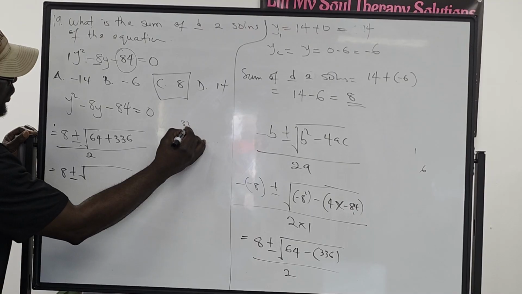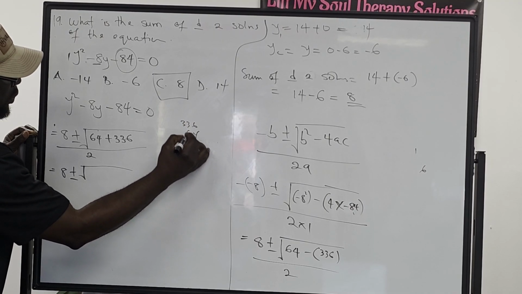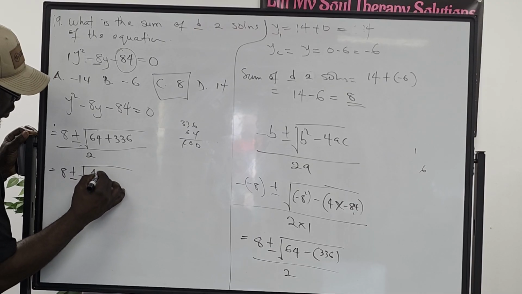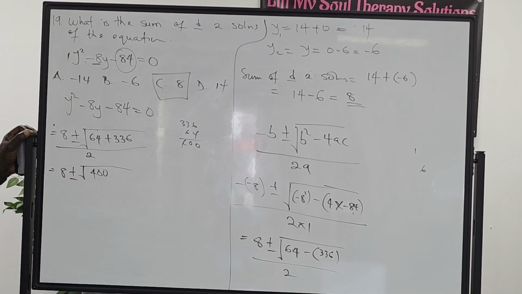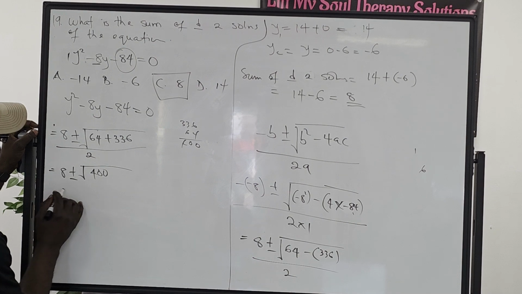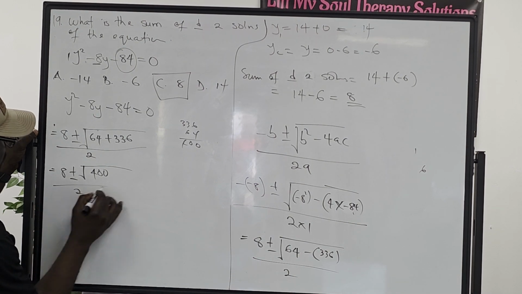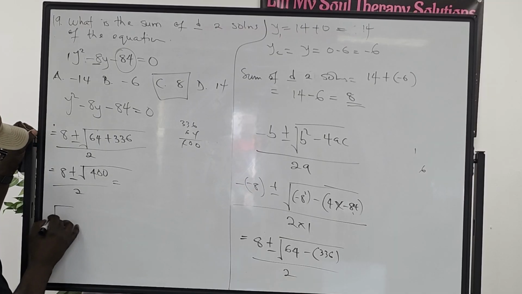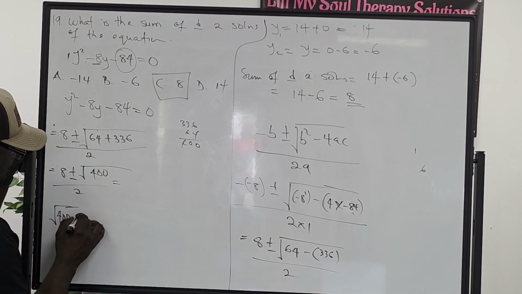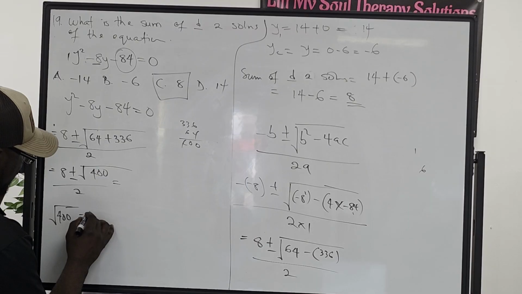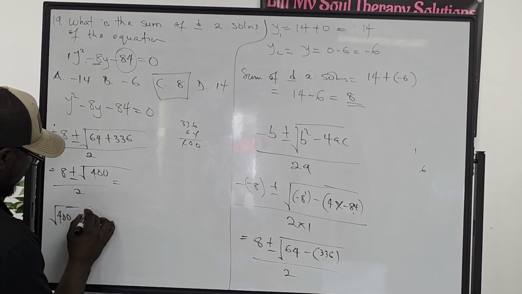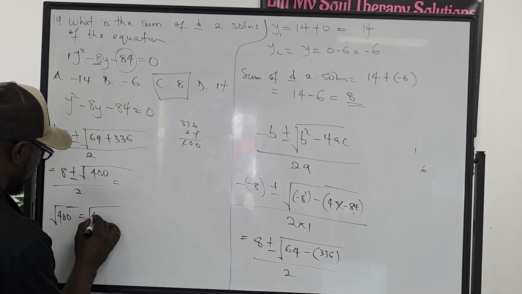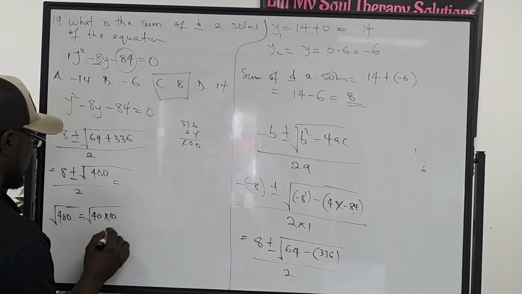I believe 336, 64, 0, 1, 0, 4. That gives you 400. So that you got 400 right here. That's what you have. So 400 divided by 2. So if you move this further, 400 is the same thing as the square root of, let's say, 40 times 10, right?